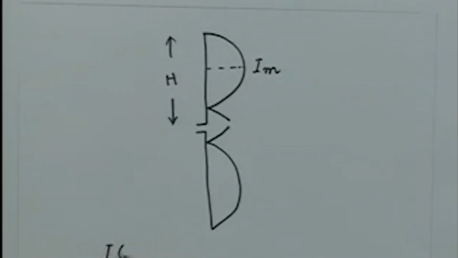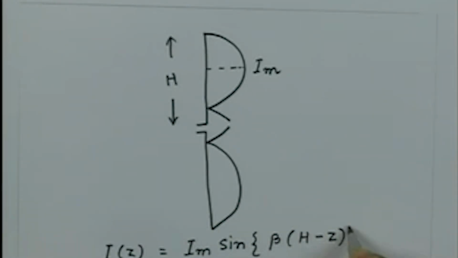I can explicitly write the current I of z is equal to I m sine of beta times h minus z for z greater than 0, and equal to I m sine of beta times h plus z for z less than 0.